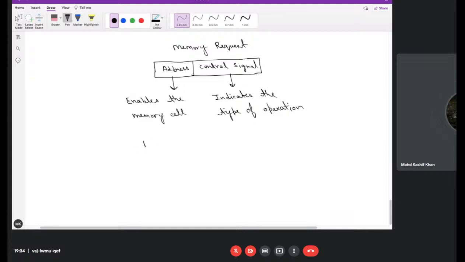Now write the heading: memory chip configuration.